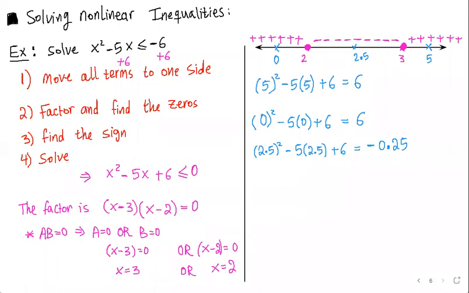I find it's only this interval. If I plug any number between 2 and 3 inside this equation, they give me negative numbers or 0. So the solution, step number 4.